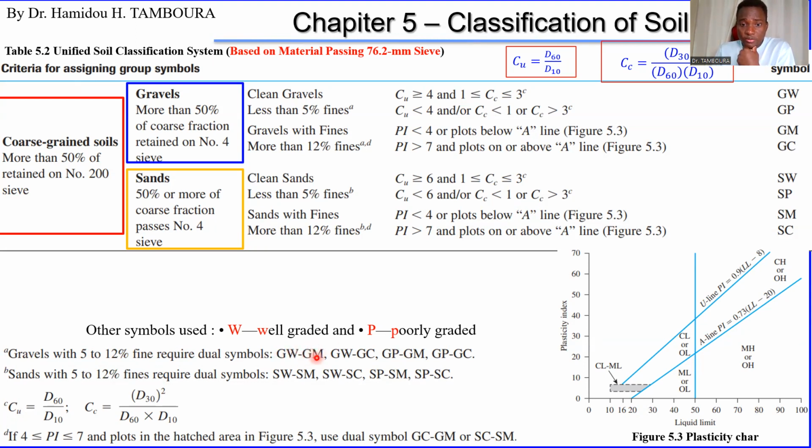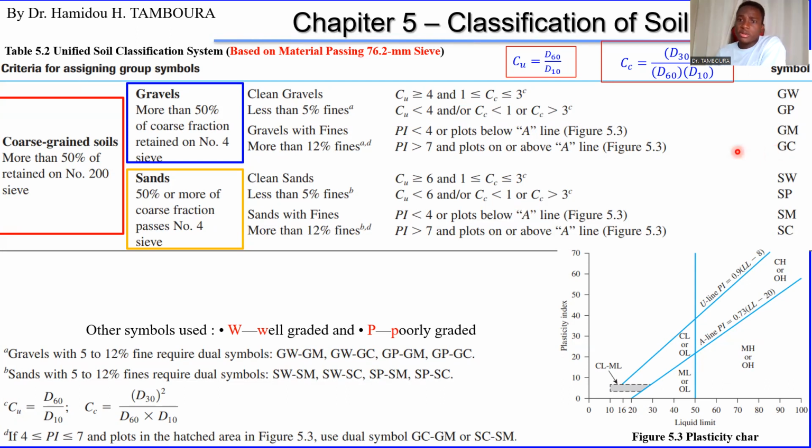Because in that case, we don't know if it is, for example, for the gravel, you have to use GW and GM, or GW-GC, or GP. Means you have to mix these 4, a combination of these 4 for gravel. Can be this one and this one, this one and this one, this one and this one, this one and this one. Okay, 8 possibilities.